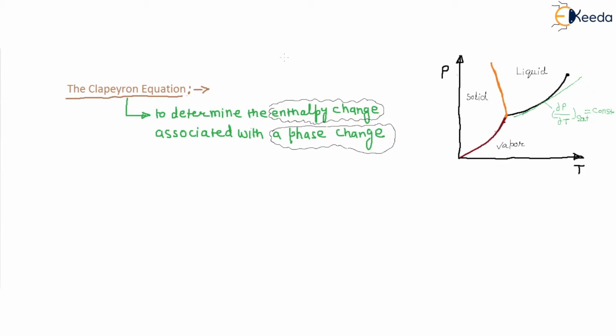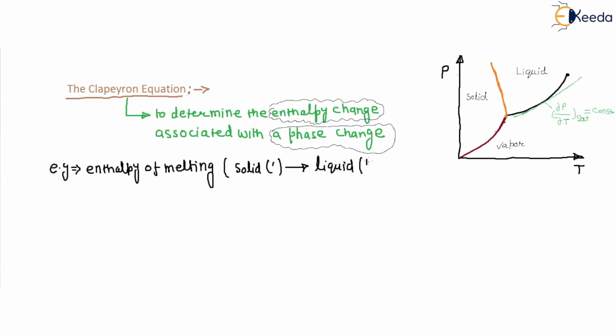So, for example, we take the enthalpy change of melting, in which a solid, denoted 1 prime, gets converted into liquid, denoted 2 prime.